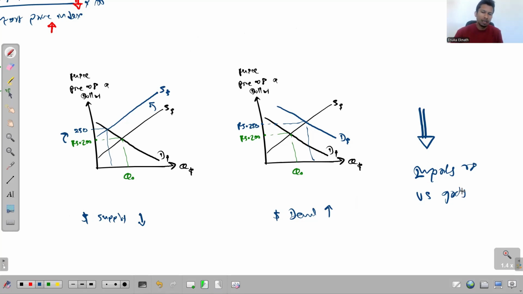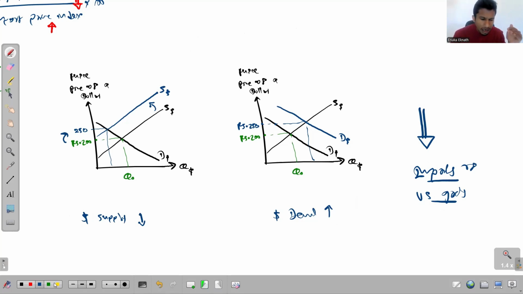We don't import much from USA now. So what will happen? We don't need much dollars, because if we are not going to import from USA, we don't need dollars.